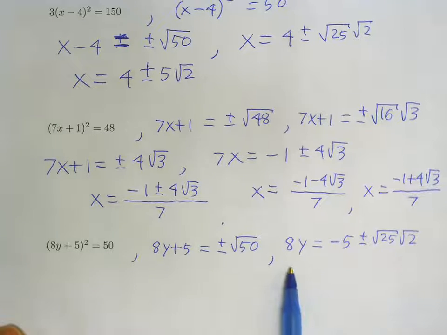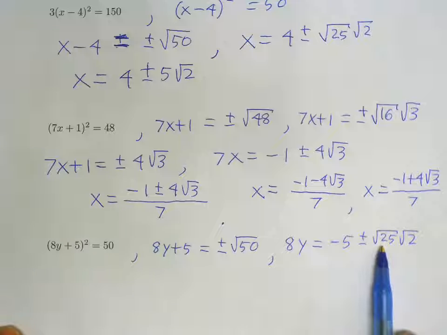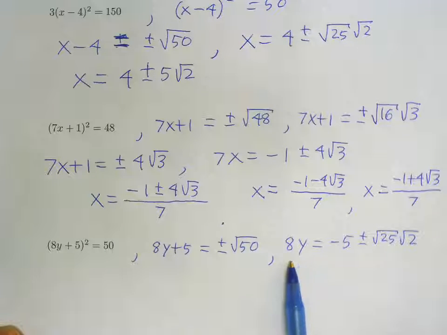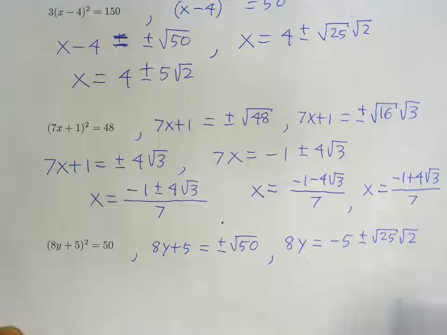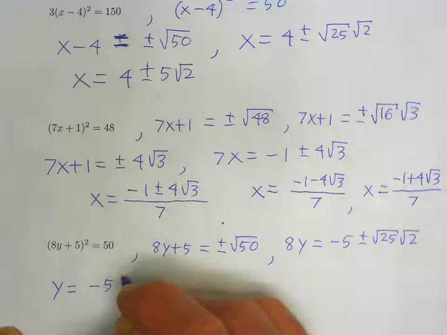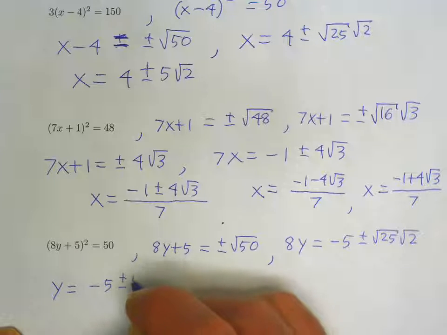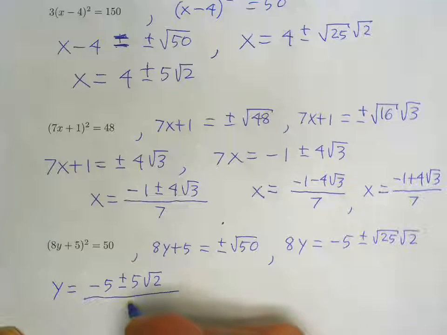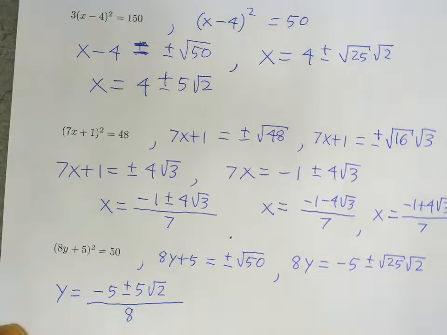In the next step, I'll do two things. I'll simplify the square root of 25 to 5, and I'll also divide every term on both sides by 8. So we get y equals negative 5 plus and minus 5 times the square root of 2, everything divided by 8.